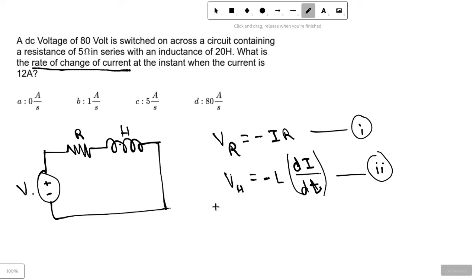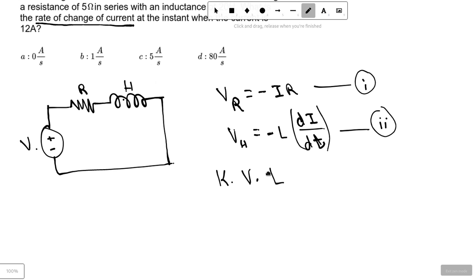And here comes Kirchhoff's voltage law, which says that the potentials of each component in a loop add up to 0. And in our case, that will be the potential due to the battery, at the resistor and at the inductor, adding up to 0.